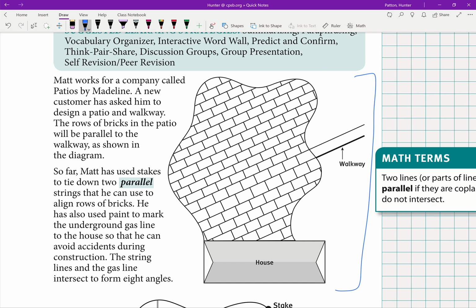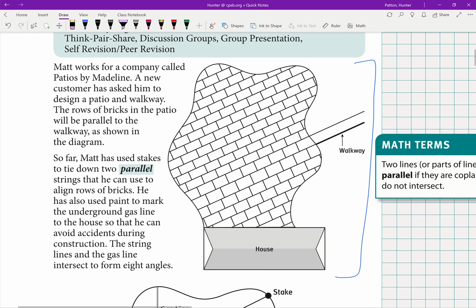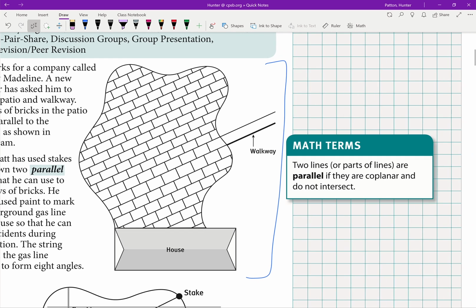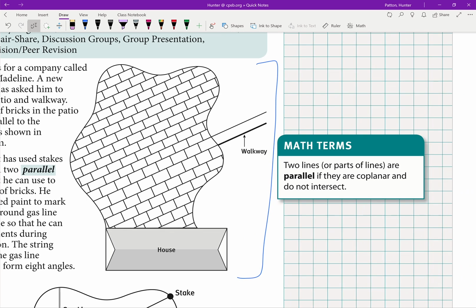And you see that every single row of bricks is parallel to each other, my lines aren't, and what does it mean for things to be parallel? So we look at our math terms to the right. It says two lines or parts of lines are parallel if they're coplanar and they do not intersect.